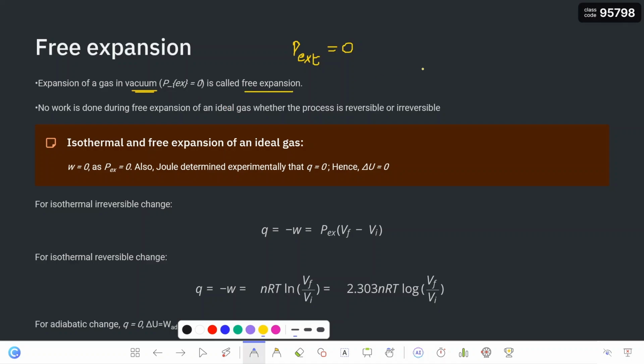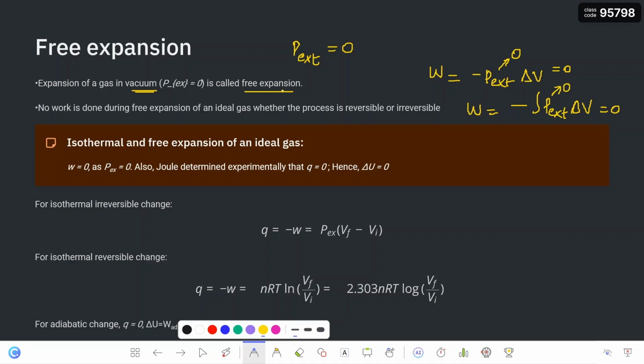In this case, we know work done W is given by minus P external into delta V. In the irreversible case, that is the equation; if it is reversible, it will be the integral of minus P external dV. Whatever the case, when P external is equal to 0, W will automatically be equal to 0.